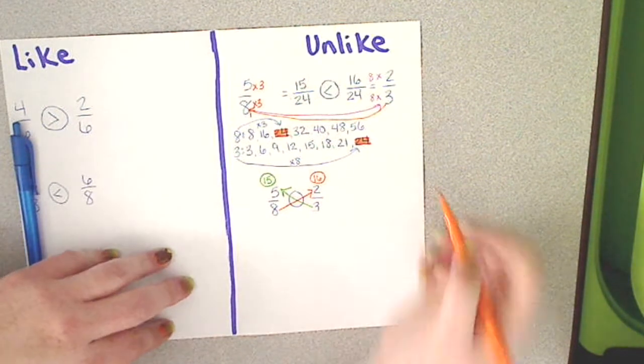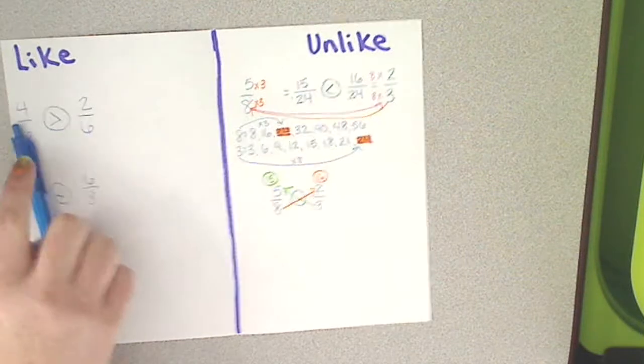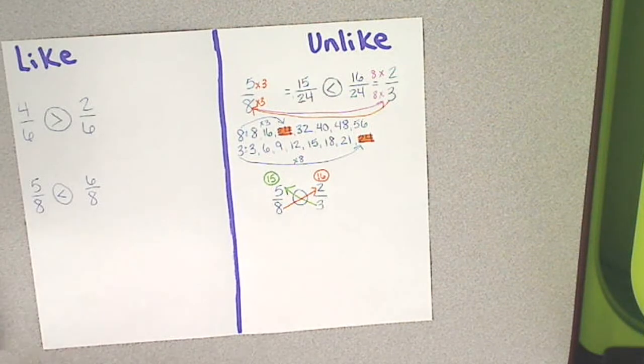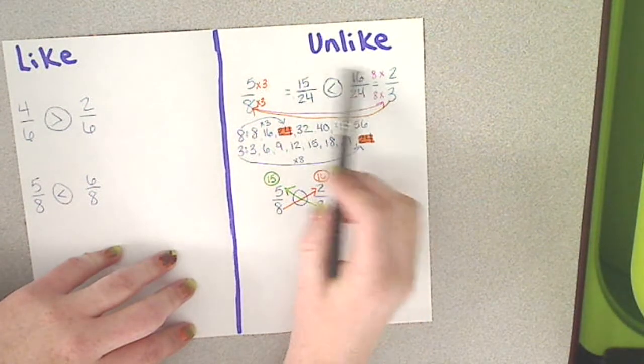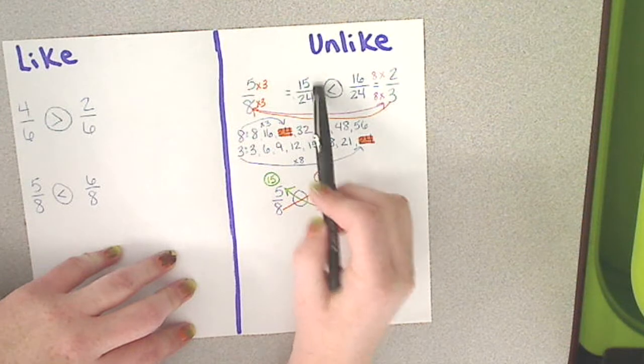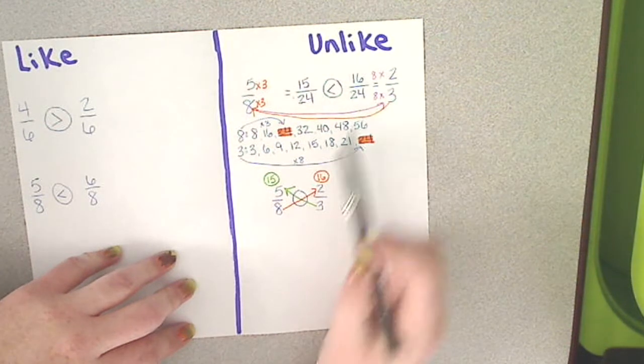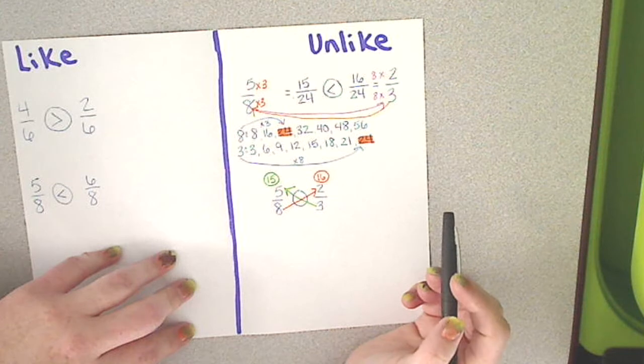Now, if you're thinking like I'm thinking, you're noticing, hey, Ms. Pike, we've got a connection here. Because when we created these new numerators and denominators up here, these numerators now match what we created in the cross multiplication.